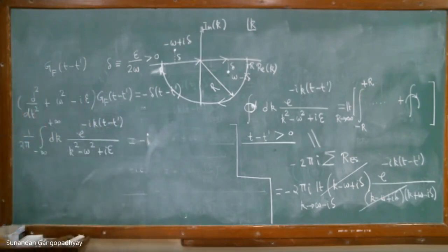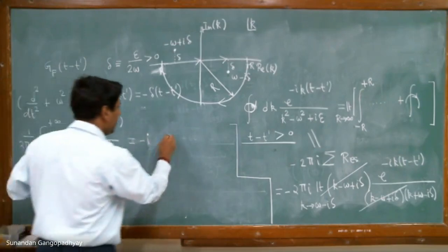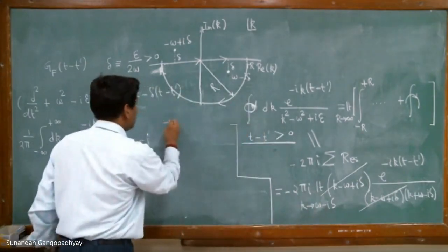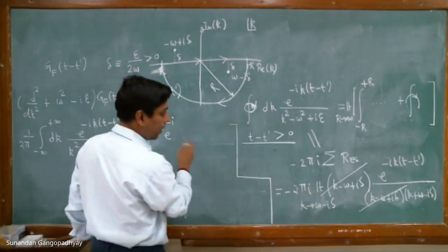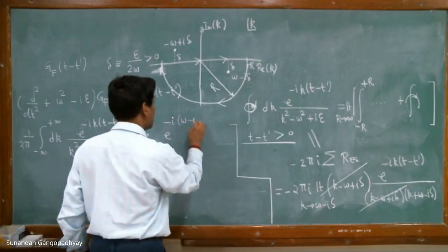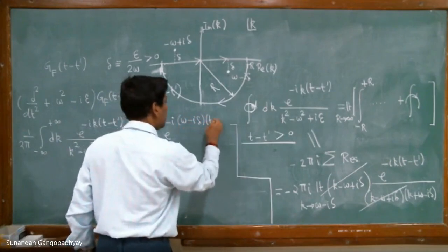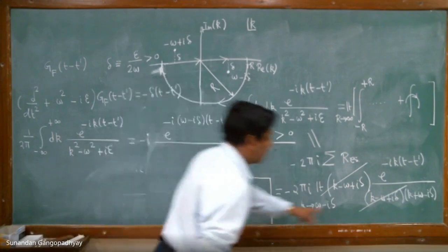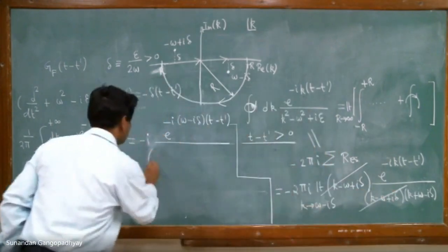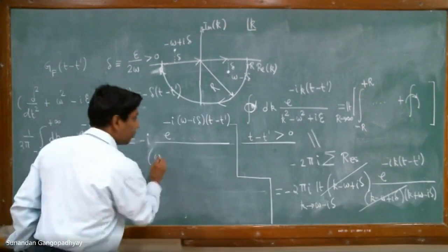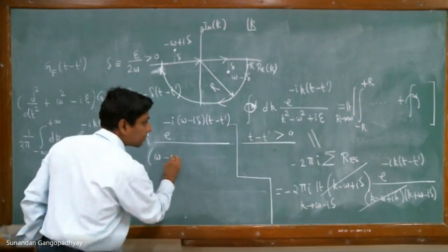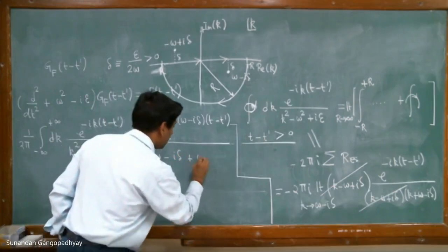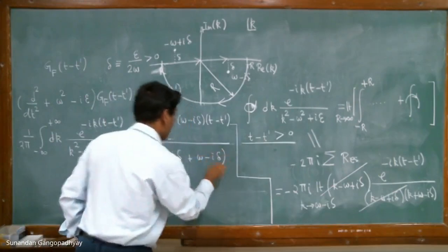So we have a minus I, and then let us plug in the limits. This will give us minus I, e to the power of minus I omega minus I delta t minus t prime divided by, you have that term, so we have omega minus I delta plus omega minus I delta.